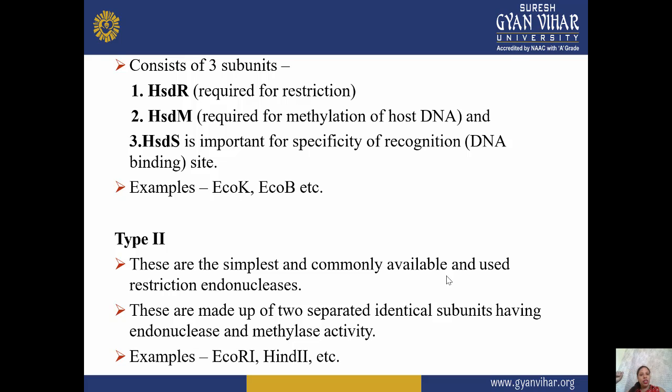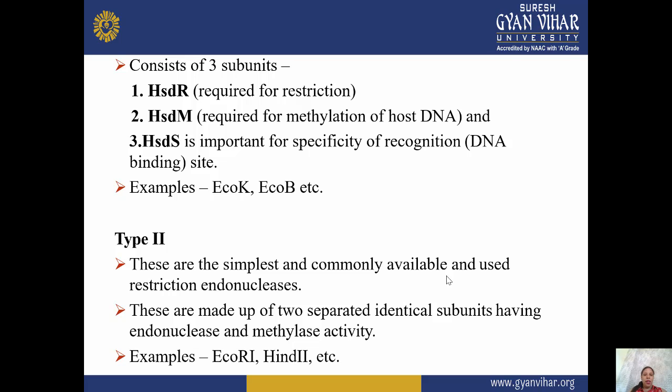The examples are E. coli K, E. coli B, etc. Now the type 2 restriction enzymes are the simplest and most commonly available and used restriction endonucleases. Type 2 is very commonly used for the purpose of DNA recombination.